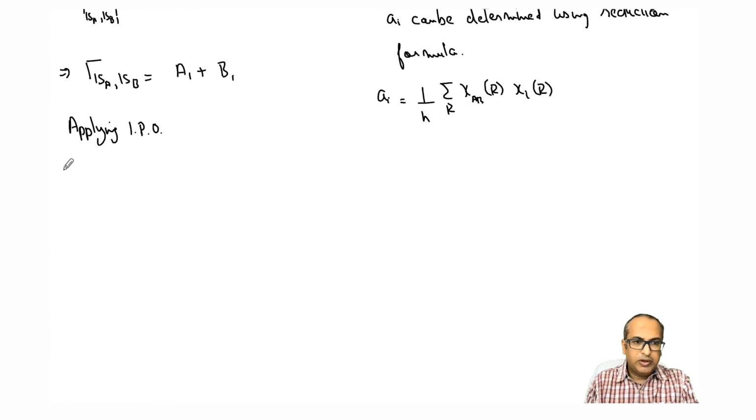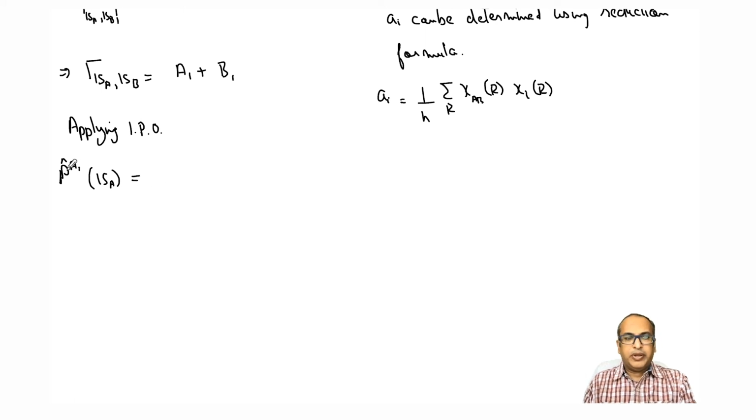We can apply projection onto A1 or onto B1 because both of them contribute to this, right? So basically we will get one linear combination corresponding to A1, another corresponding to B1. Now this can be applied onto either 1sA or 1sB.